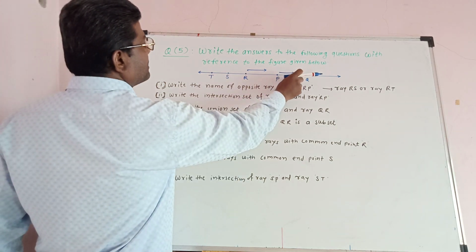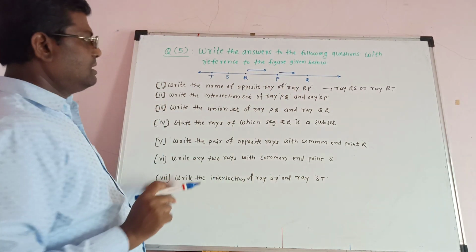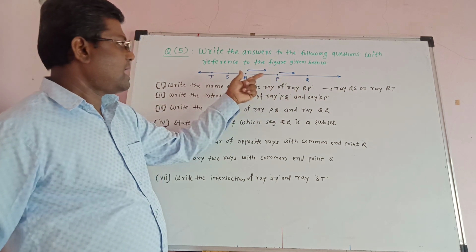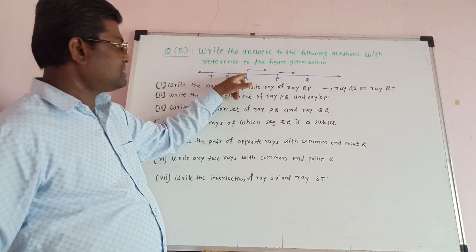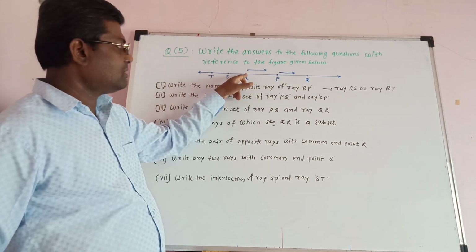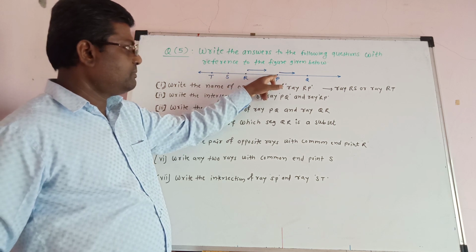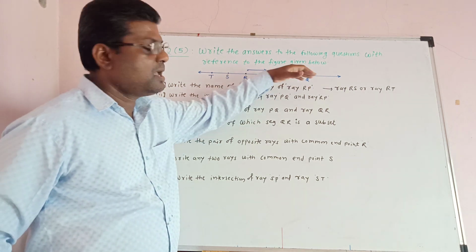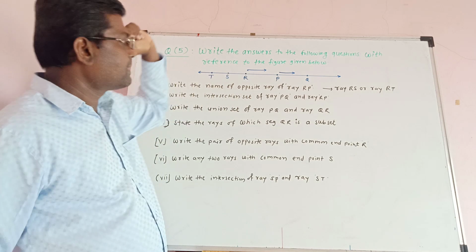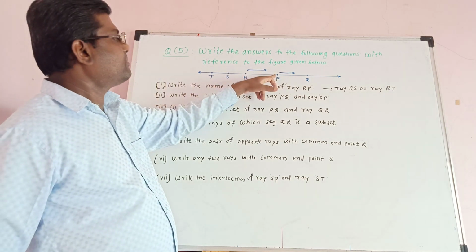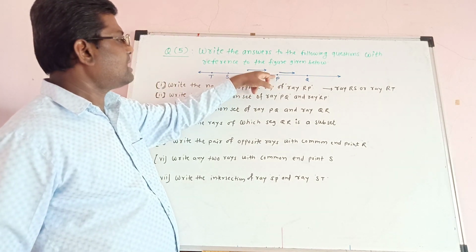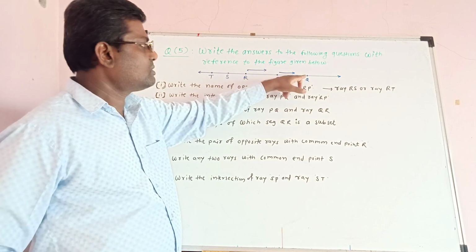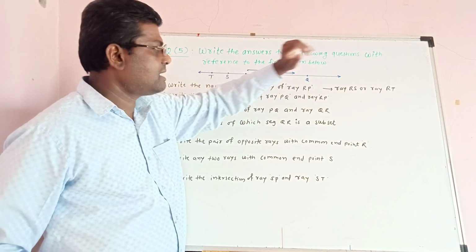Therefore ray PQ is common for ray PQ and ray RP, because ray RP starts from the end point R, it goes to point P, it goes to point Q, and then infinitely. And ray PQ starts from point P, goes to point Q, and infinitely.